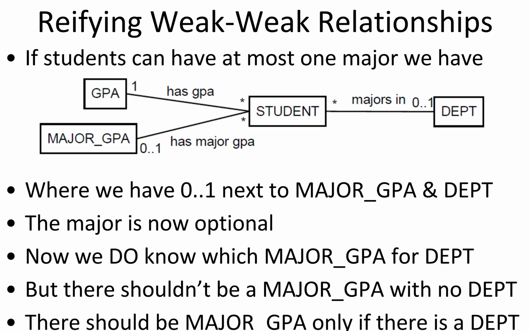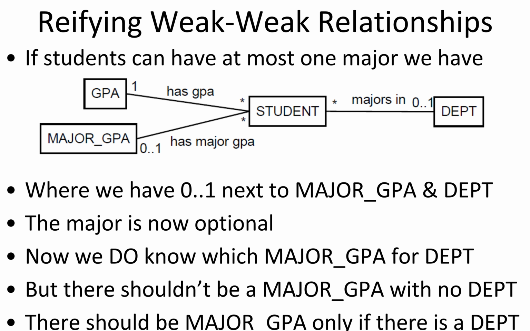Now it might be that some students are undecided students, right? They might not be enrolled in any department. So we would like to be able to capture or enforce the fact that if you're not enrolled, there is no GPA. There shouldn't be any record for a GPA if you're not enrolled in any department.